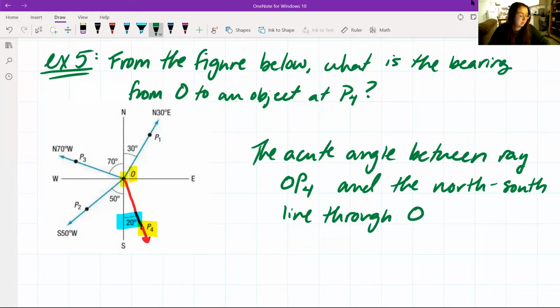So the angle between OP4 and the north-south line through O is 20 degrees.